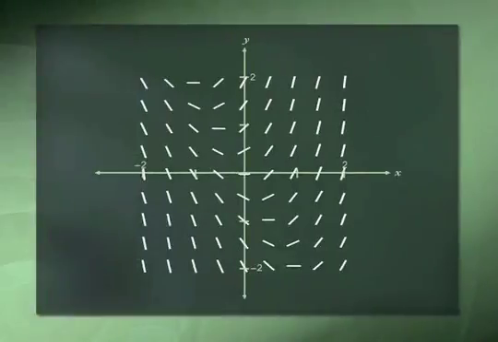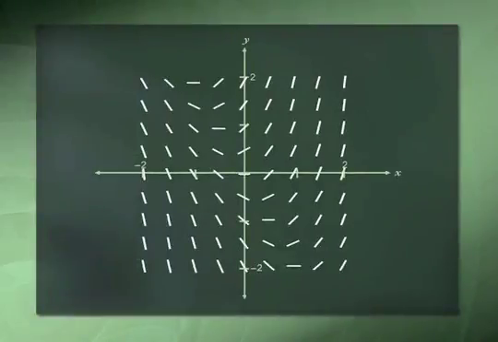For instance, when x is minus 2 and y is minus 1, if you feed that into the differential equation, 2x plus y, you get minus 4 minus 1 or minus 5. In other words, at the point minus 2, minus 1, the slope at that point is minus 5. You see how that works? And you fill in the table for a while, and then you can plot it.